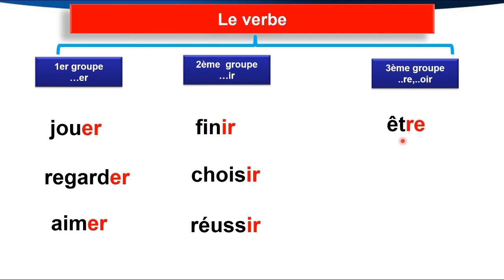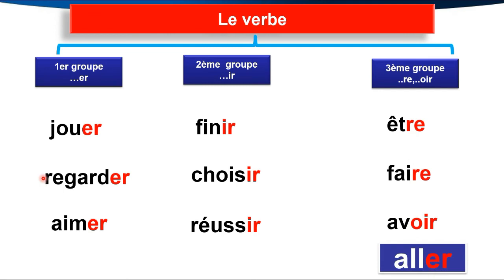Maybe it is like the verb to be, être, the verb faire, here re, here ire, here avoir. Also the verb aller ends by er, but comes with the third group because of how I conjugate it, which we will discover, inshallah.